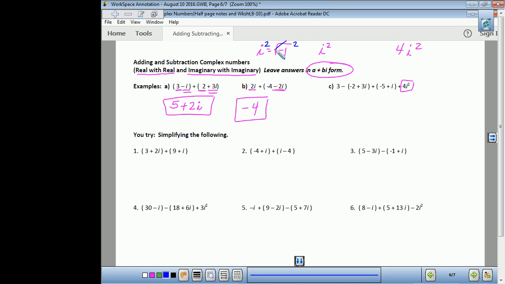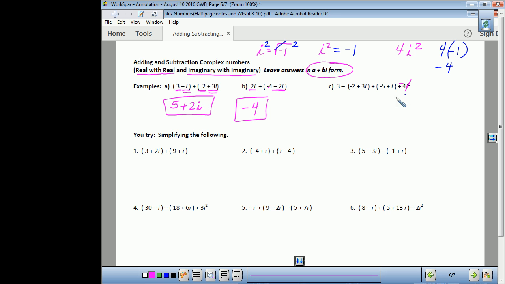Well, when we square it, the square and the square root cancel, so i squared is -1. So 4i squared would be 4 times, if i squared has a value of -1, it's 4 times -1, which is -4. Whenever you see i squared, it's like multiplying by -1. And when we multiply by -1, all it does is change our signs. So if you just want to cancel it out and change the sign, you can certainly do that.